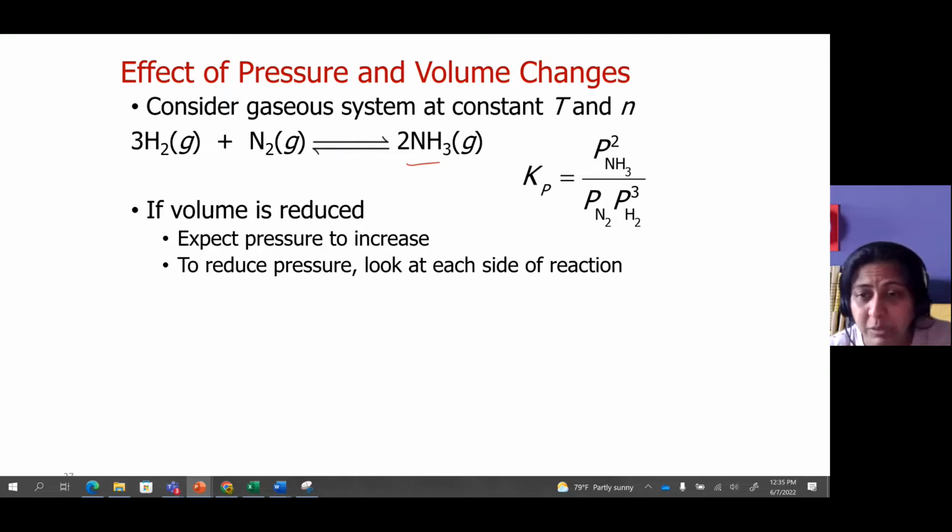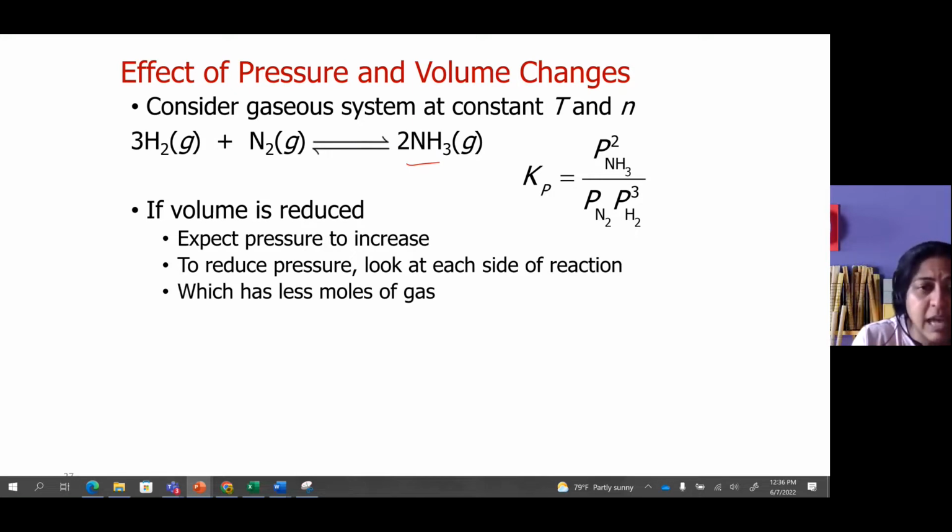So in order to reduce the pressure, look at each side. Look at which side has fewer moles of gas, because when there are more molecules, that side has higher pressure. If a side has fewer molecules, then the pressure is low.